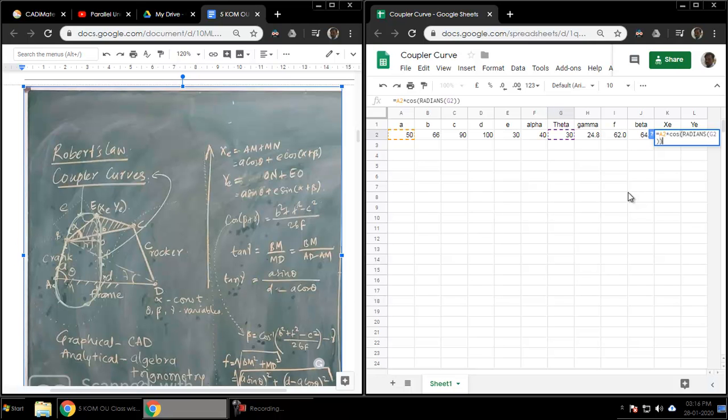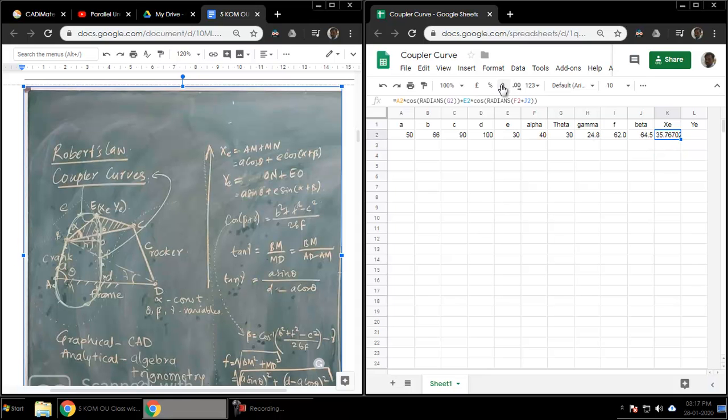And now we'll have to add to this the value of e multiplied with cos of an angle. So we'll have to again convert this to radians, and we have to take the sum of two angles, that is the angle of alpha plus beta. So alpha plus beta, where is beta? Beta is here. And close the one for radians, close again for cos. I think that's it. These are all the brackets closed.